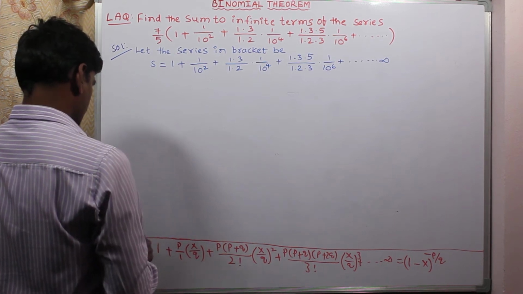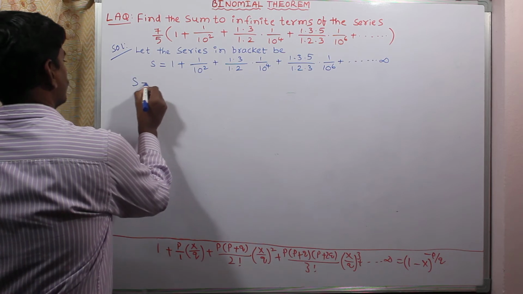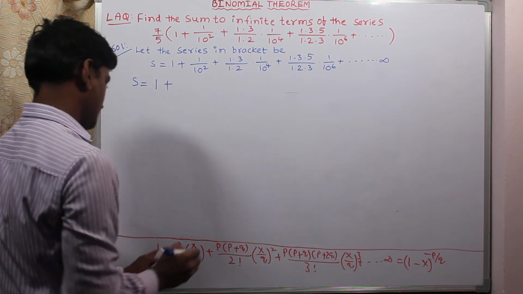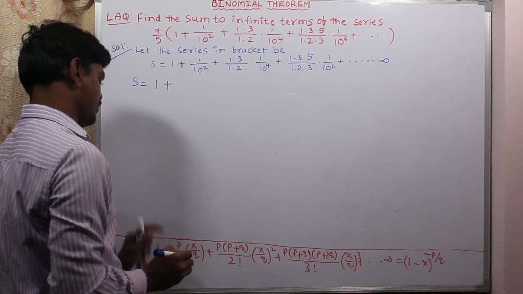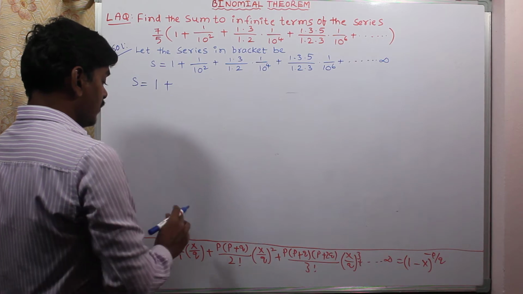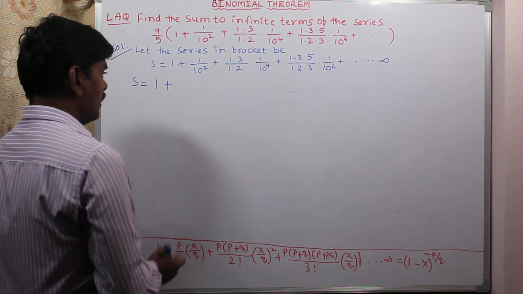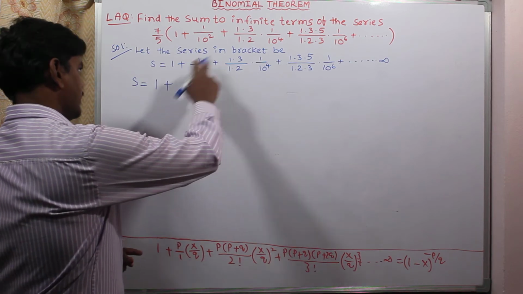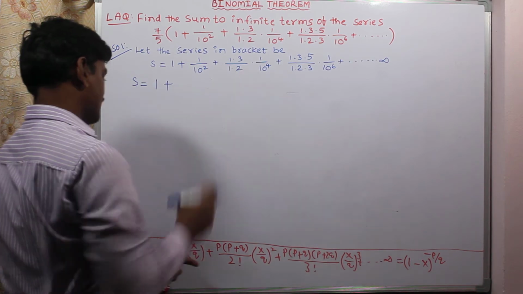So how to convert? Let us see. S is equals to 1 same, plus here I need p by 1 into x by q. To write p by 1 into x by q, first of all try to identify the x by q term. So instead of the second term, if you see the third term, you will get clarity.